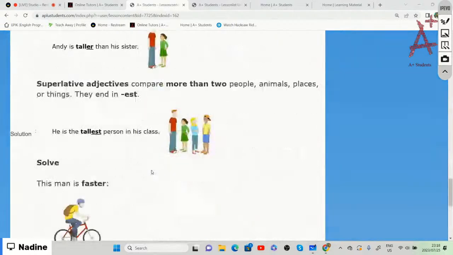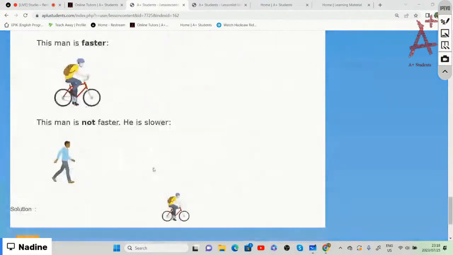Which man is faster? We need to say which man is faster. If we look at the two pictures of the men riding the bicycle, and we look at the position of where they are in distance from each other, then we need to compare the one on the bicycle to the man that is walking.